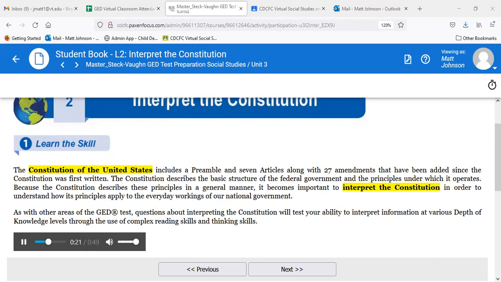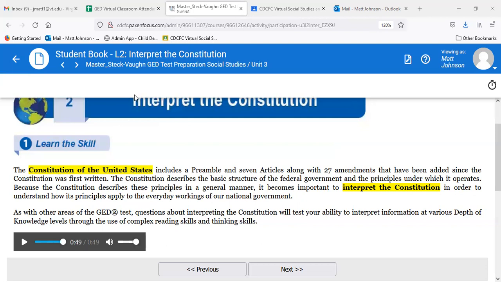Because the Constitution describes these principles in a general manner, it becomes important to interpret the Constitution in order to understand how its principles apply to the everyday workings of our national government. As with other areas of the GED test, questions about interpreting the Constitution will test your ability to interpret information at various depth of knowledge levels through the use of complex reading skills and thinking skills.